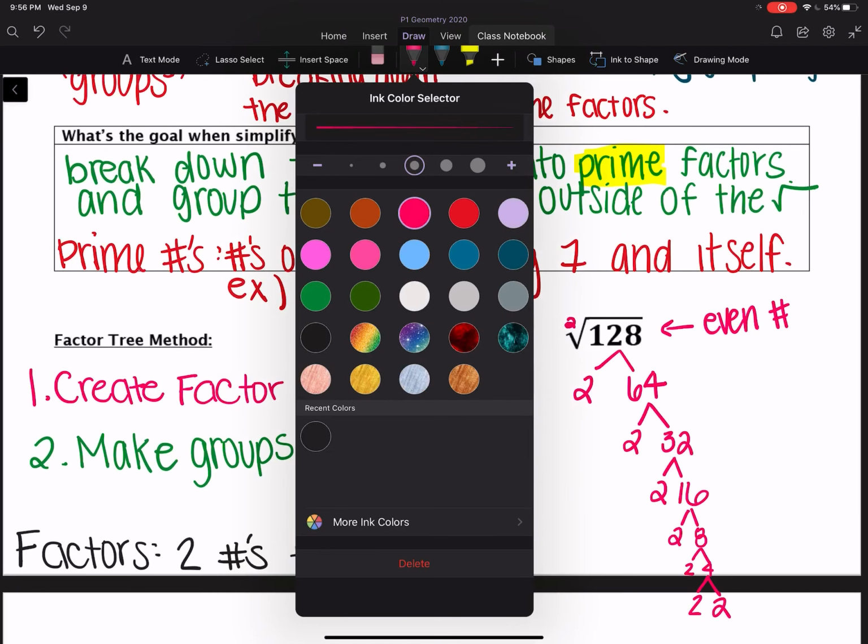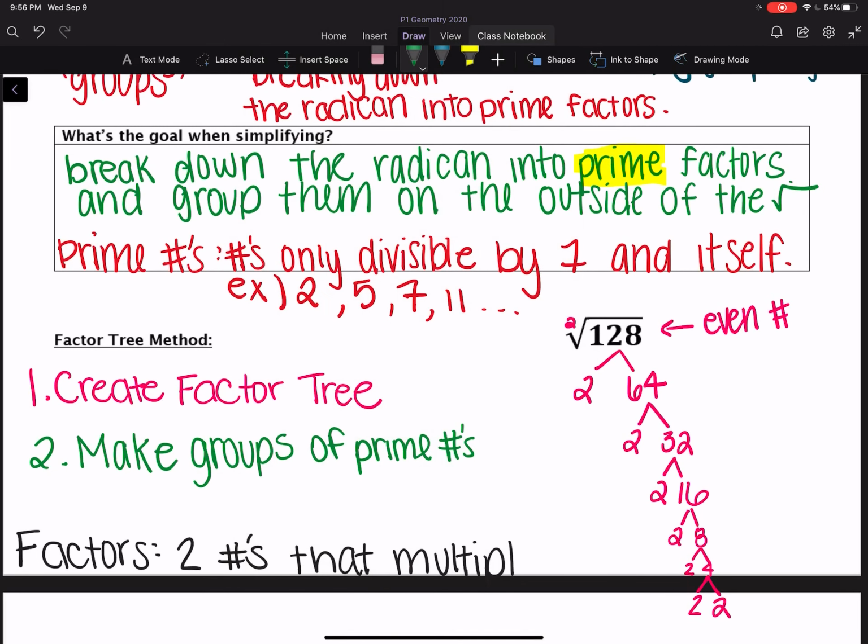So my second step is, now that I've broken down my factor tree, I want to make groups of prime numbers. Right, so my index tells me how many groups I'm going to make.